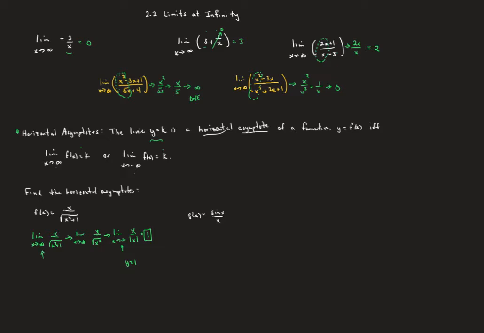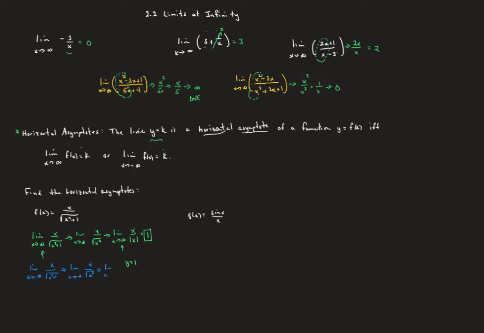Now, if we take the limit as x goes to negative infinity, then we have a lot of the same reasoning that goes on. As x gets really, really big, that plus 1 is going to be insignificant, and it's going to look more and more like x over the square root of x squared.